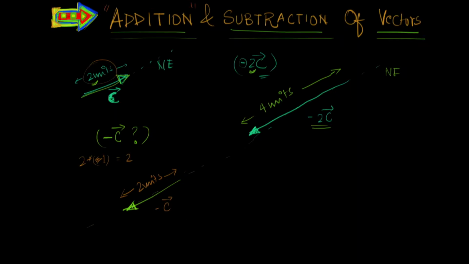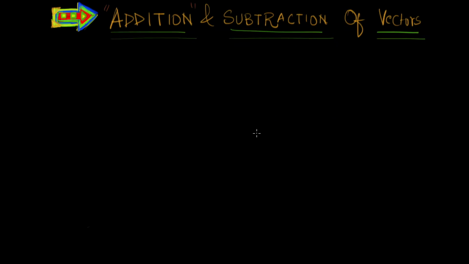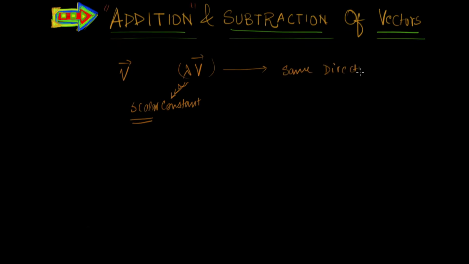So, to state it in more general terms, now this is the way physicists and mathematicians prefer. If you have a vector v, and you're looking for a vector lambda times v, the lambda is a constant, a scalar constant, then lambda times v would also point in the same direction line as v.